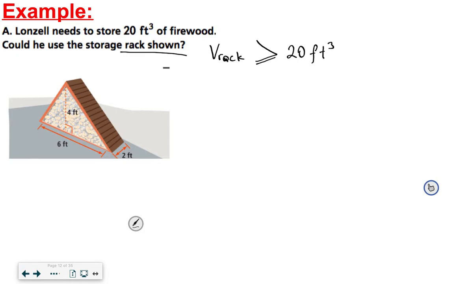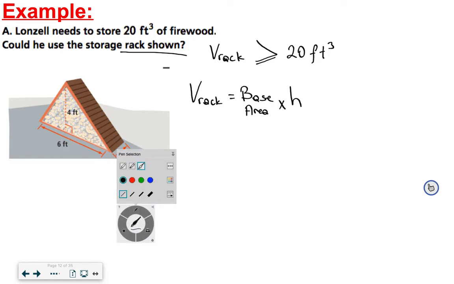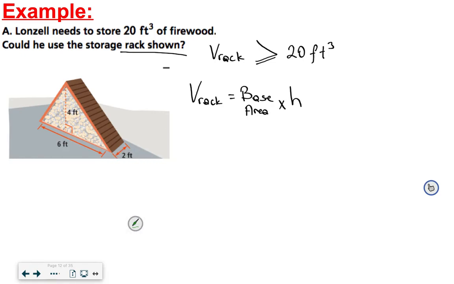Okay, let's find that. This is a rectangular prism. We know how to find the volume of rack. Base area times height. You need to determine what base is. Most of the students are making the mistake by telling that the base is a rectangle.